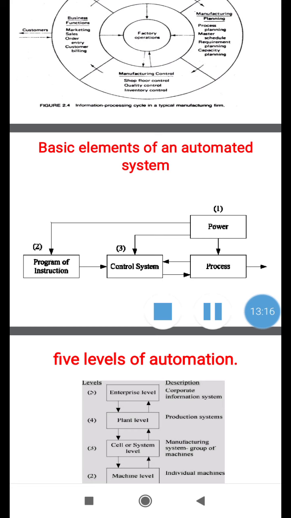Here you have different types of control system. In this automated system, we are using the computer based control system. Fourth one is the process. So the elements of an automated system are 4. First one, power, that is electricity; program of instruction, that is input material; control system, that is the controlling operation; fourth one is the process, that is the main manufacturing process.